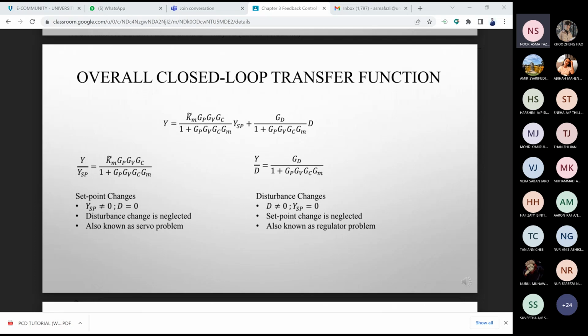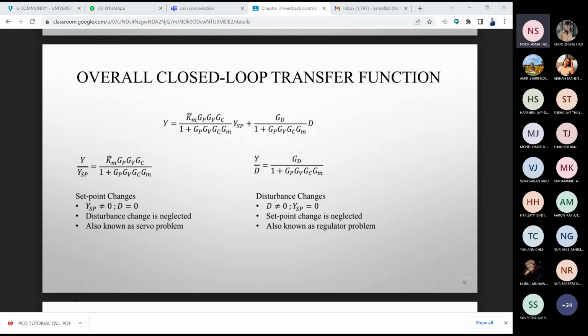If we recall, this is the overall closed loop transfer function where we have two problems, set point changes and disturbance changes. For the set point changes, this is the equation that we are going to use, y over ysp. Based on the definition of set point changes, the ysp cannot be 0, but the d equal to 0.